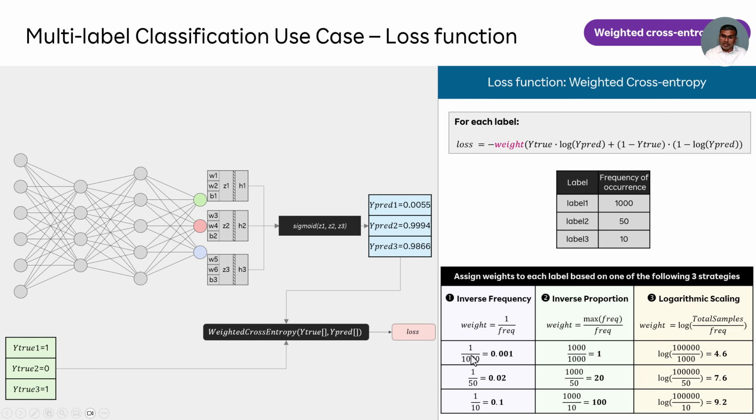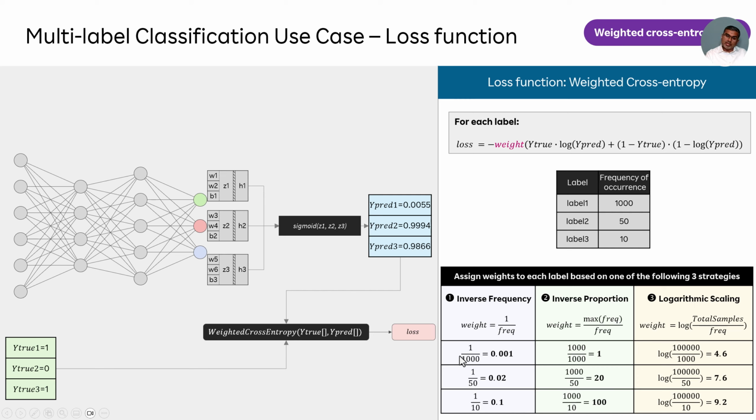So if you look at it here, this particular label will appear 1,000 times in your training set. So 1 by 1,000 is 0.001. Whereas this one here is only there on 10 of the inputs. So you essentially assign 1 by 10, 0.1. So in this particular example, you're giving more weightage to those labels that occur fewer times than those labels that occur a lot more times.